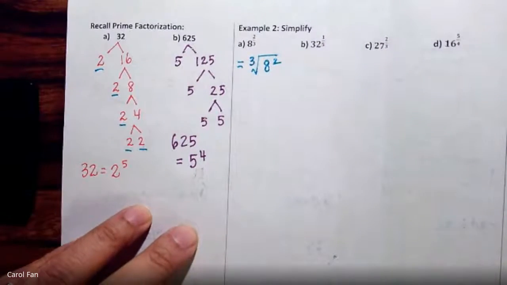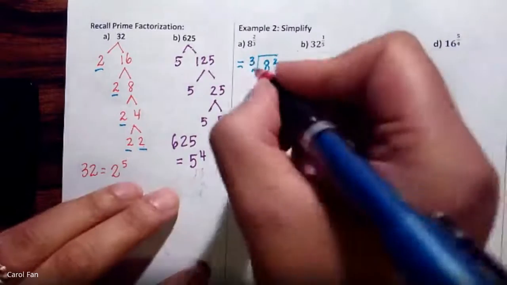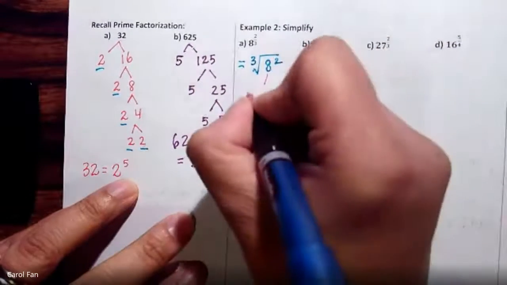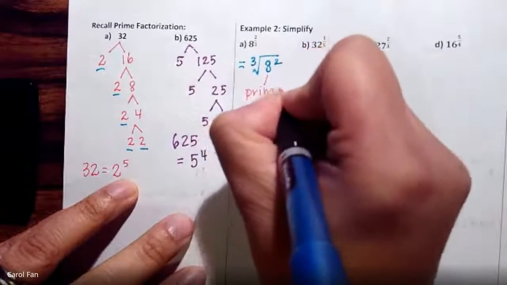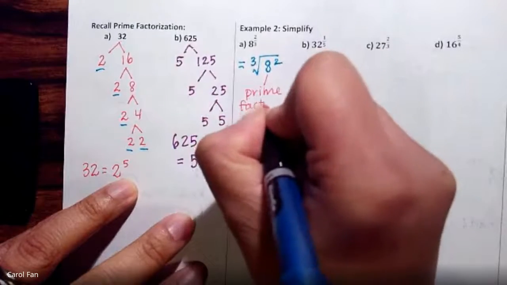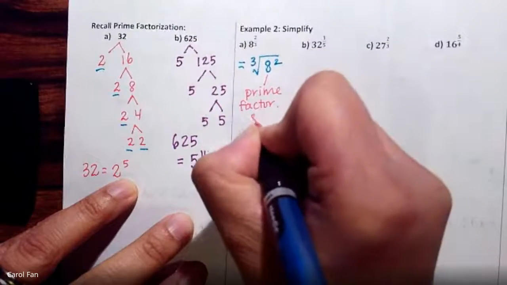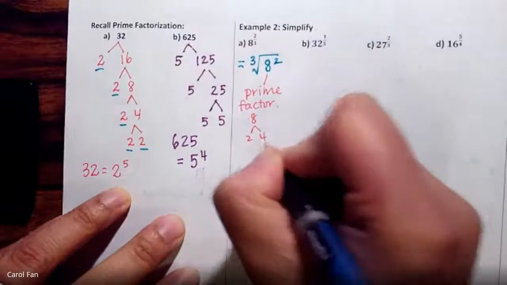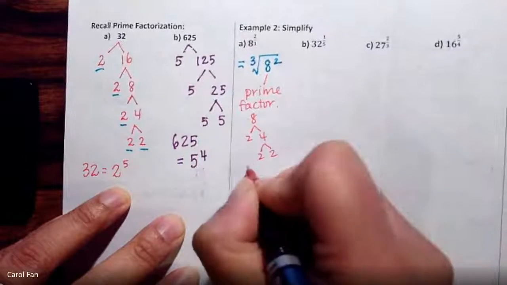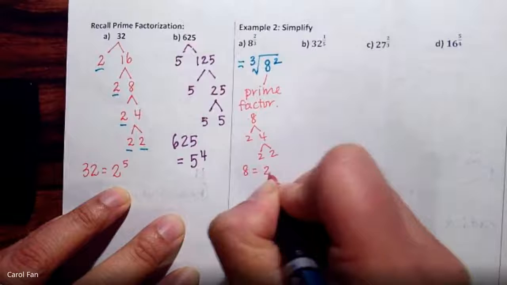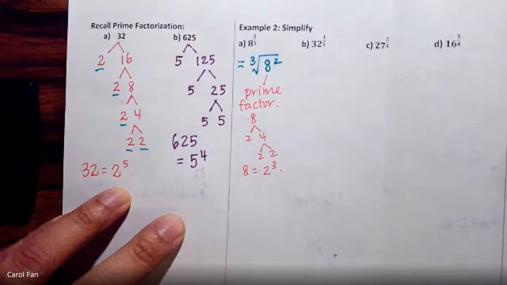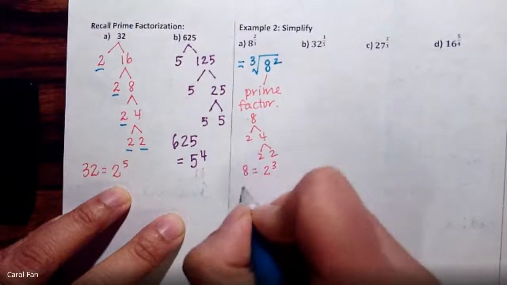I'm going to do the prime factorization of 8. So 8, 2 times 4, 2 and 2. So 8 is equal to 2 to the power of 3. Now, let's rewrite that.